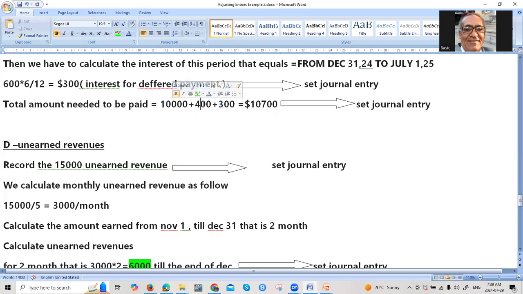This is the portion of the interest he would pay for the year 24. And this is the part of the year 25, the 6 months of the year 25. So all the amount will be 10,700. That will go also to the journal entries, like we said here. We will put it in the journal entries.